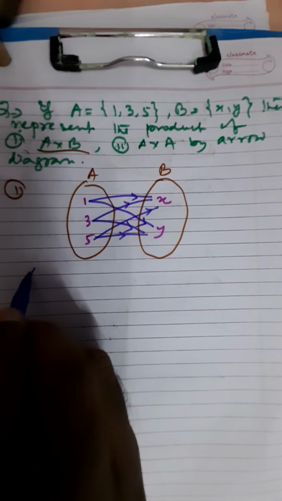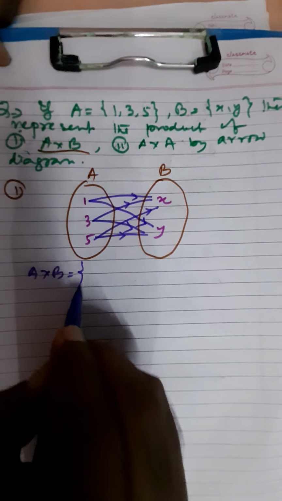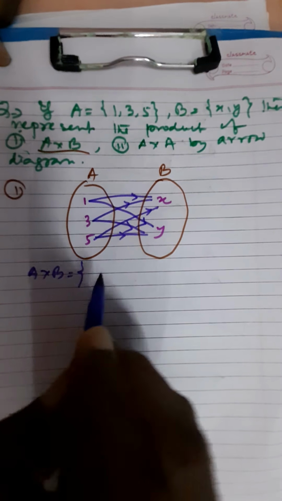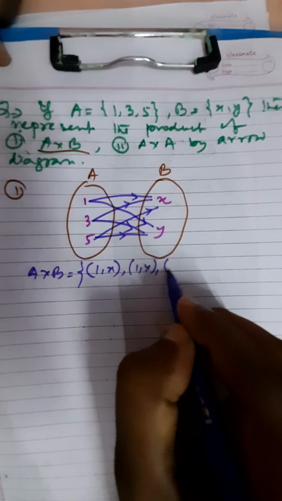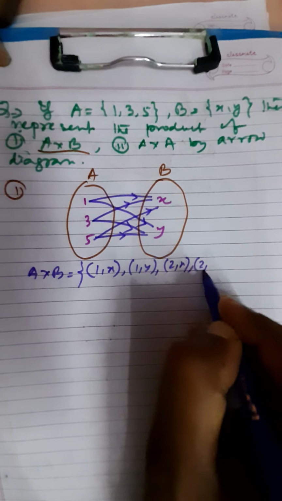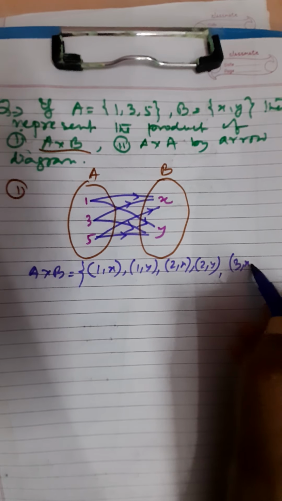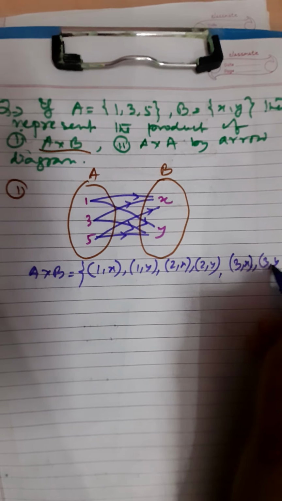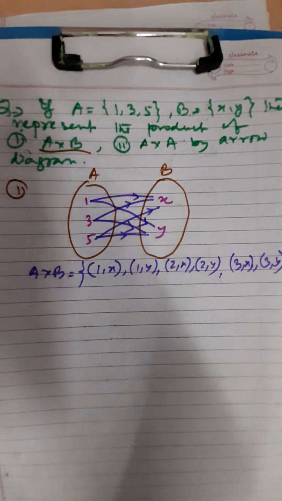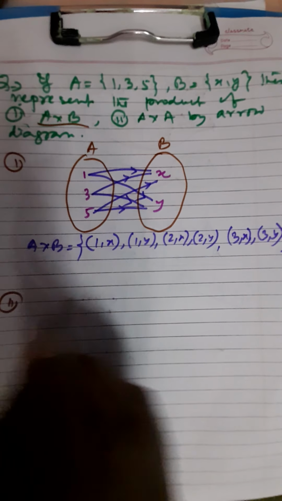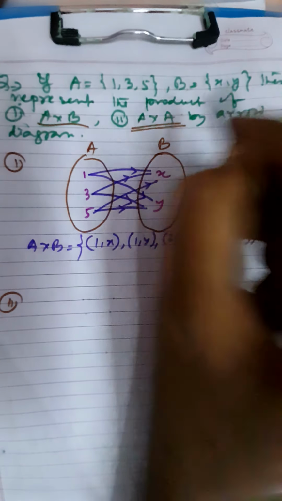So A cross B is (1, x), (1, y), (3, x), (3, y), (5, x), (5, y). Okay. Number 2: A cross A.